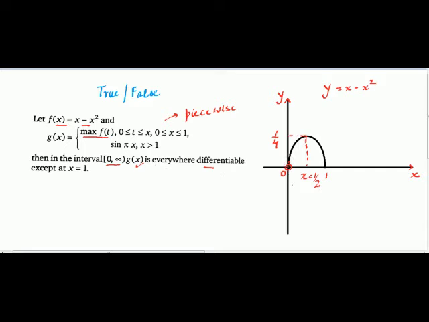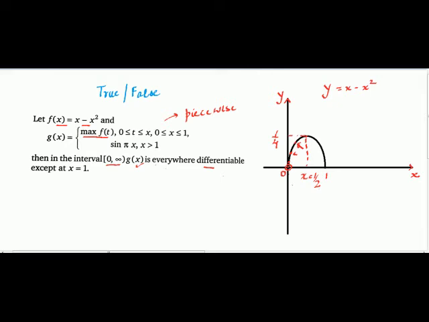Obviously, as I am going up, the maximum value will be at the point which is higher. For example, if I go to this point, I will have a higher value at this point. If I go to this point, I will have a higher value at this point.